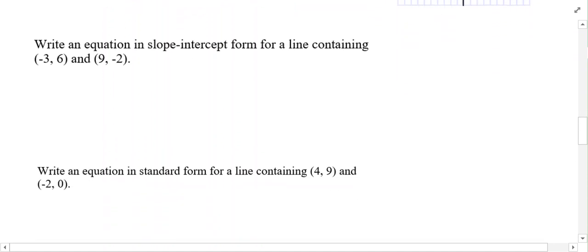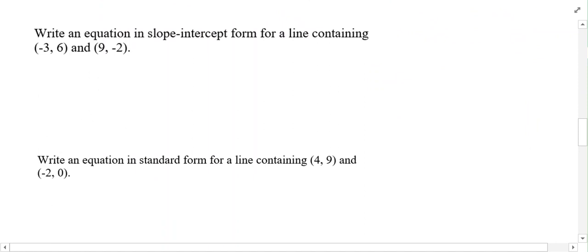The next example is write an equation in slope-intercept form for a line containing (-3, 6) and (9, -2). So the first step is slope. So -2 minus 6 is -8 over 12.